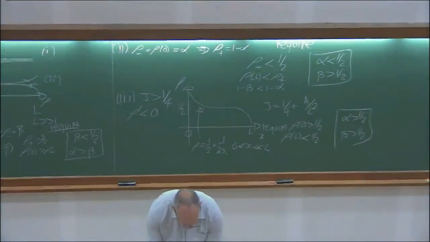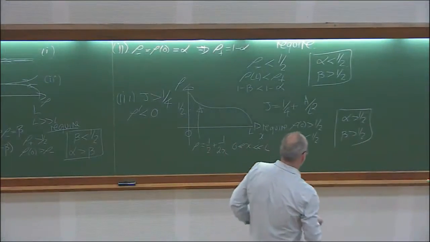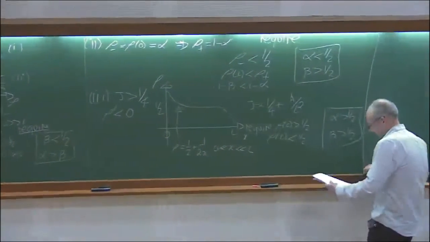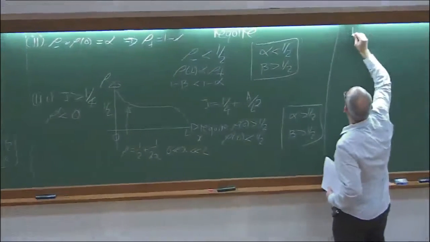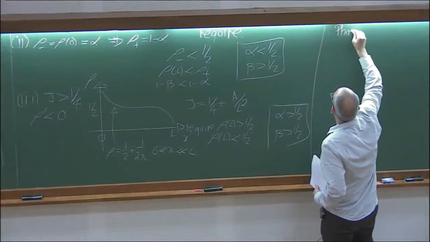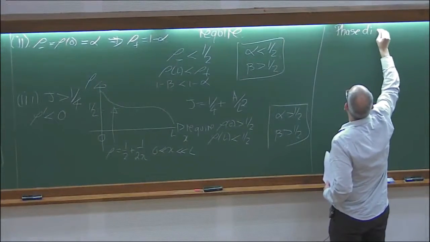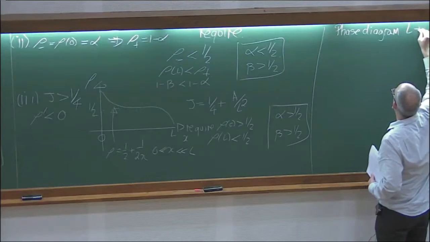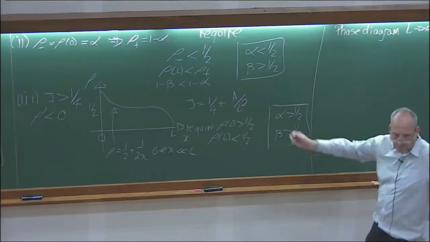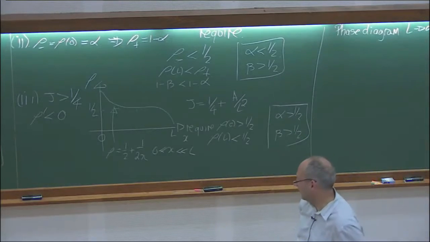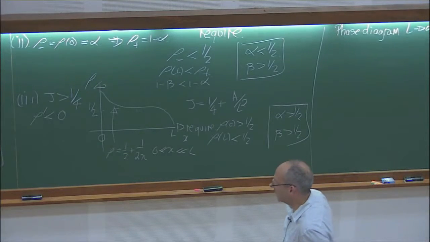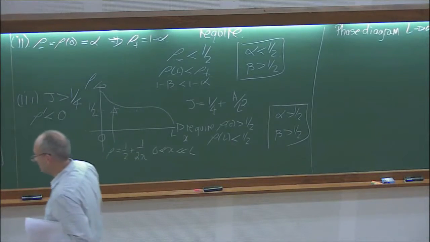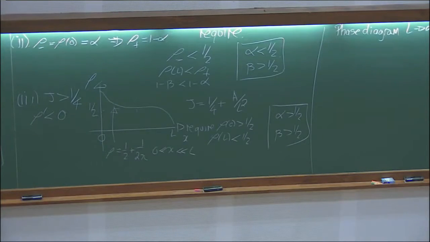So now we've got our phase diagram. So just to recap, the phase diagram is basically the limit that L goes to infinity. That's when we get these different solutions emerging. The other thing I forgot to mention, this one here, I've got J equals beta times 1 minus beta.